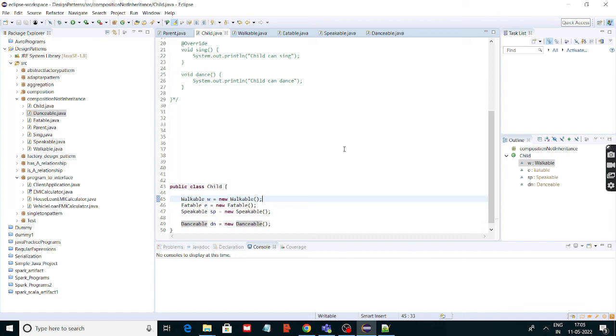Whenever there is a case of dynamic polymorphism, only then should we go for the is-a relationship or inheritance. Otherwise, if we have no need of dynamic polymorphism, then we must stick to composition, because we know the problems of inheritance, which we have already discussed.